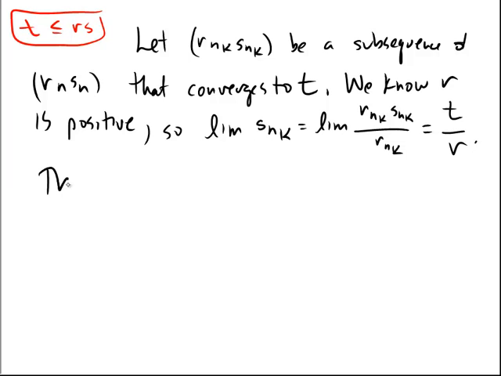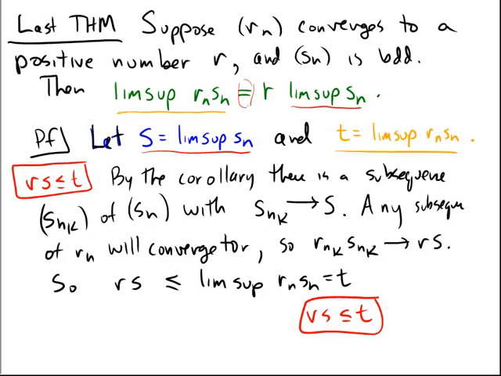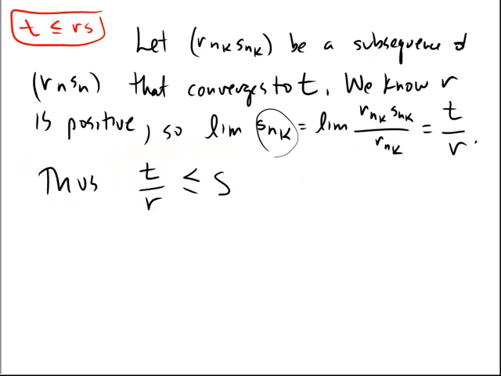So thus, what do we get? We get that T over r is going to be less than or equal to S, because the limit of Snk is a subsequential limit, and remember that S was the limit superior. It's the least upper bound on all of the subsequential limits.